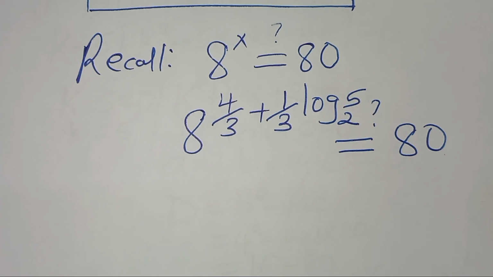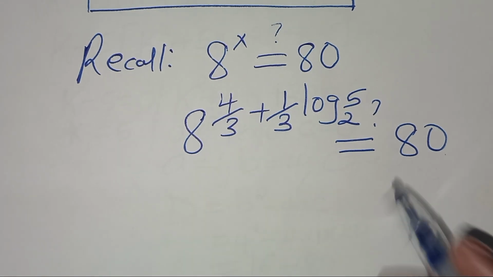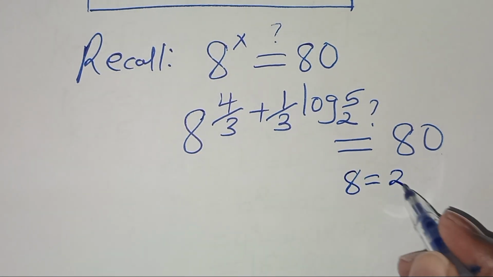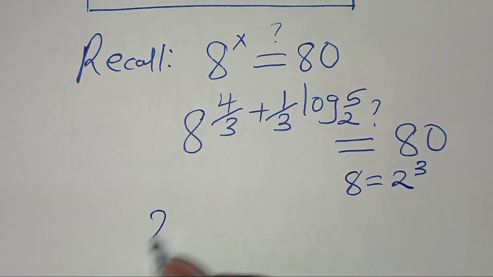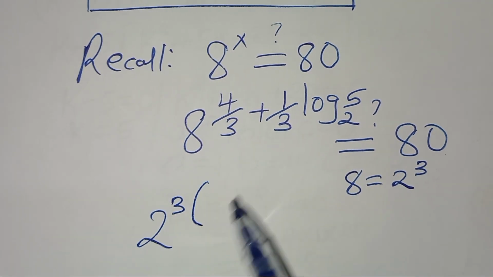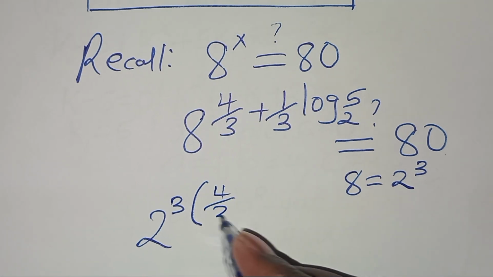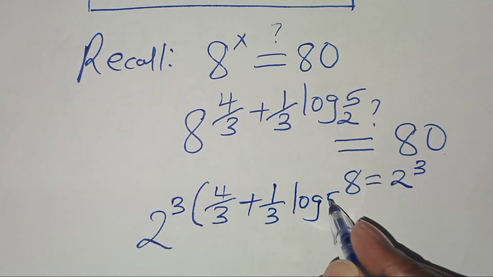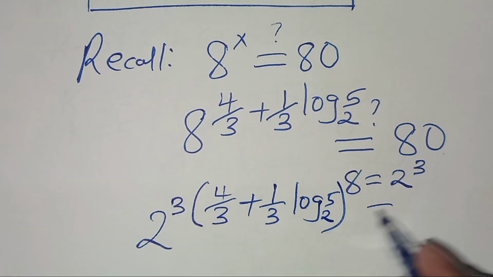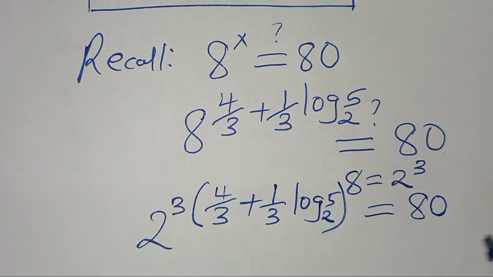Now the next step here, let us express 8 as 2 to the power 3. So let's substitute this so that here we'll have 2 to the power 3 multiplied by x, which is 4 over 3, plus 1 over 3 log 5 to base 2. This should give us a value of 80.